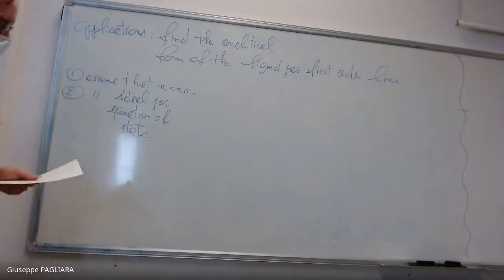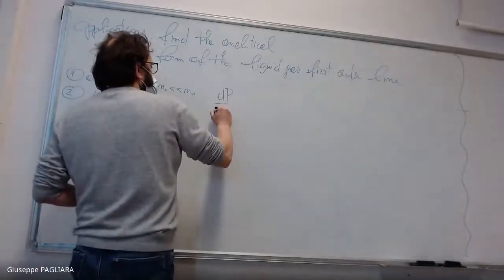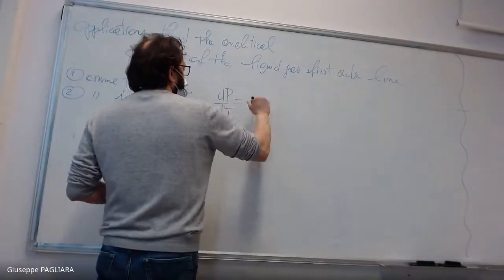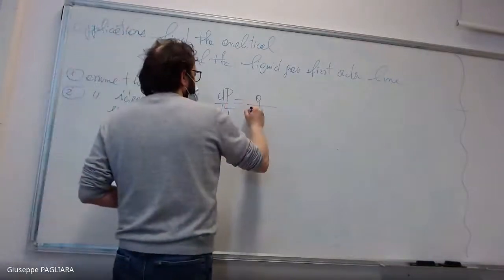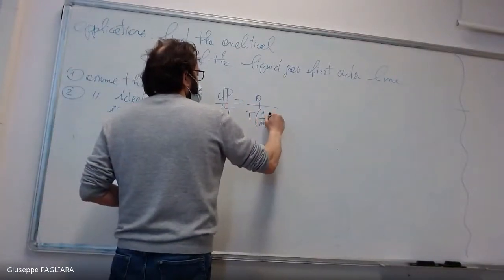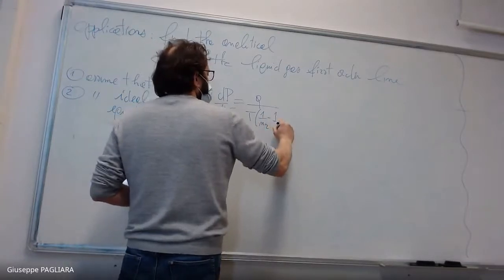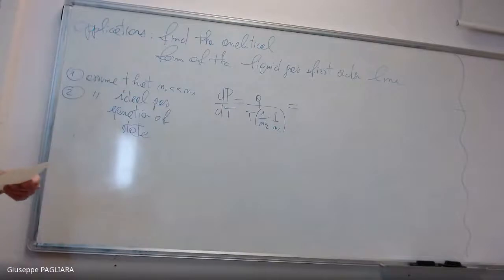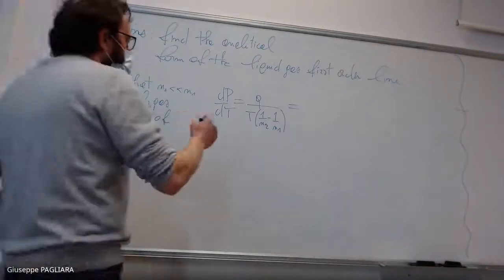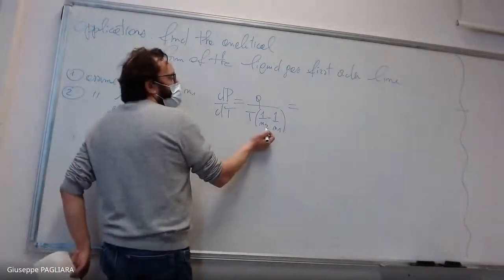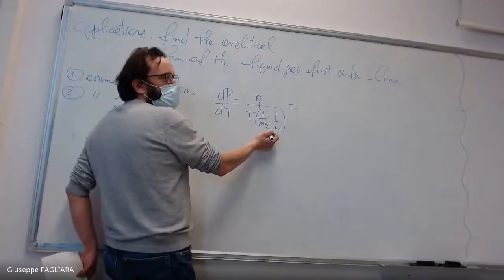Okay, so we start with this. dP divided by dT is equal to Q divided by temperature times 1 over (v2 minus v1), which is equal, when neglecting v1, since v2 is much larger than v1 — that means we can neglect v1 for what is done here, no?